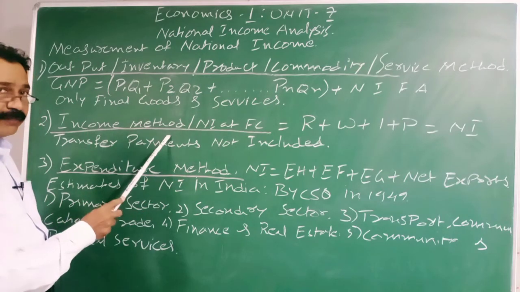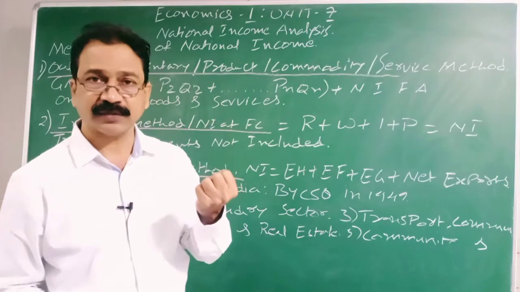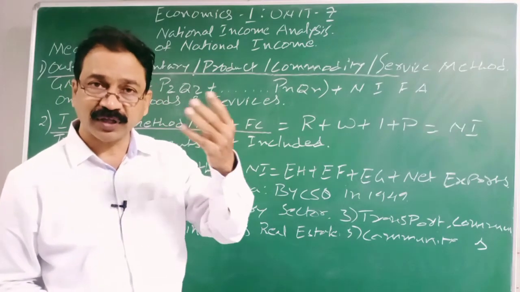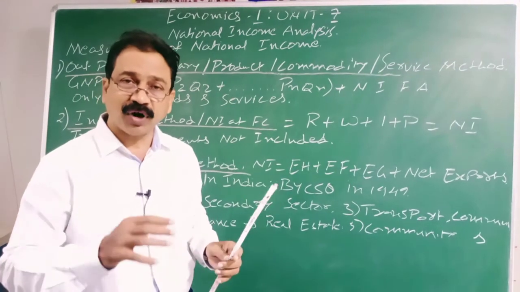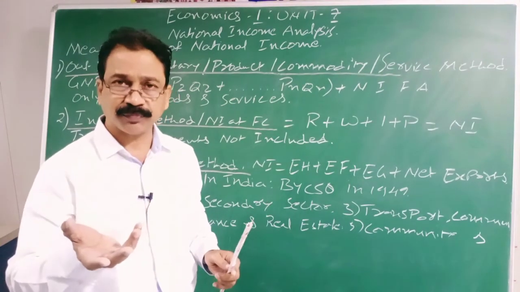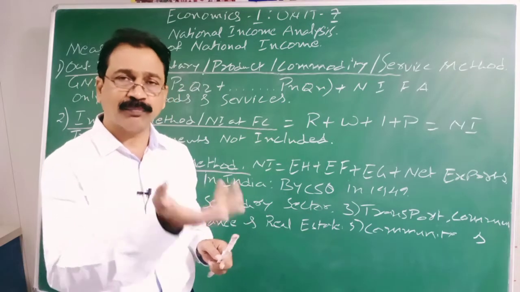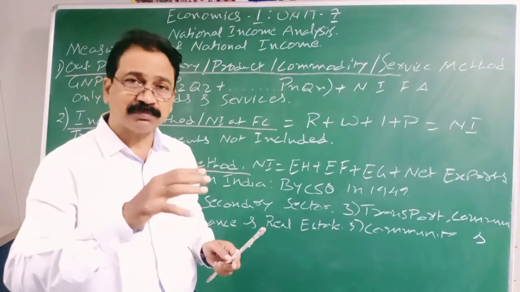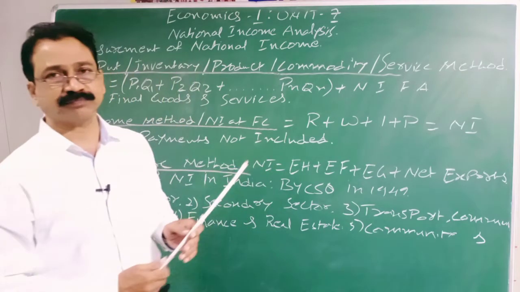So in income method, we calculate 4 factors returns for contributing the production. You got the exact idea? Whatever being produced, for that producer has to spend the amount on production. That money which is spent by the producer for production is called as cost.